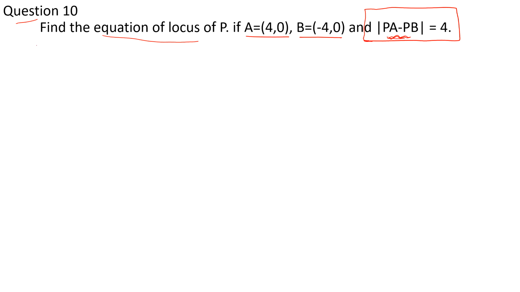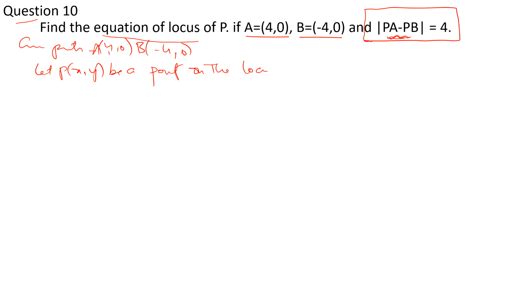So, the given points: A is (4, 0) and B is (minus 4, 0), and let P be the point on the locus. They have already given the condition. So the given condition is modulus of PA minus PB is equal to 4.